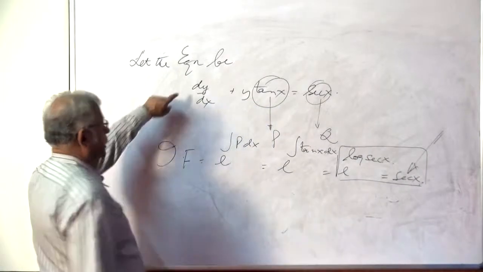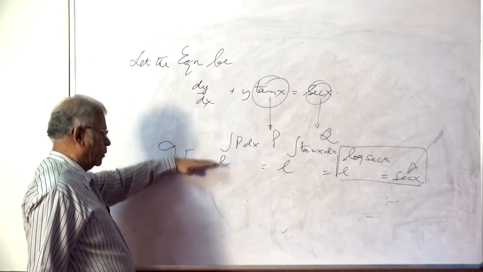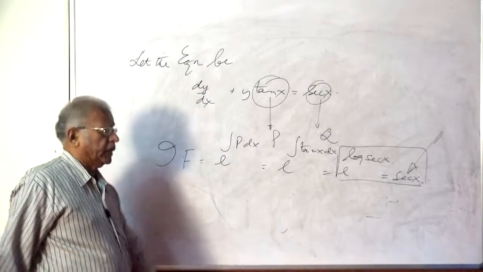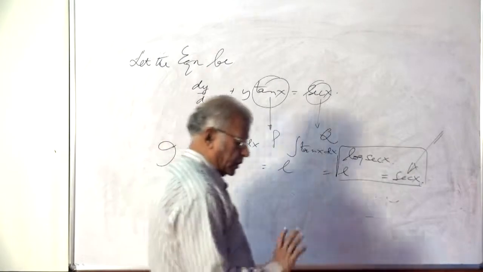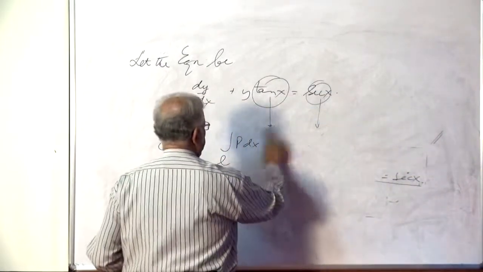So our integrating factor in this particular case is sec x. We will now multiply the original equation by sec x, and we'll remove this work from here because we found the integrating factor to be sec x. We will just keep it in mind and multiply by the integrating factor.